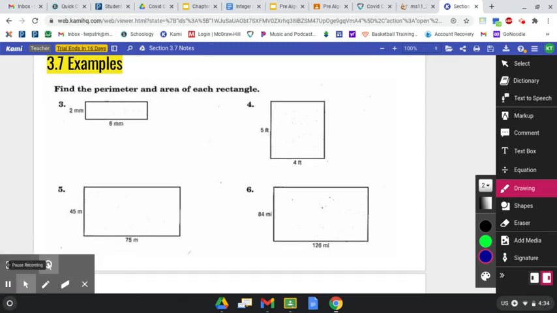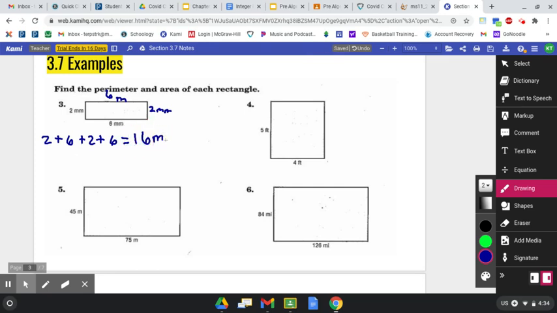All right, let's look at some examples here. So in example 3, it says find the perimeter, right? Remember rectangle. This would be a 2 millimeter section, and this would be 6 millimeter. So if we just add up the four sides, 2 plus 6 plus 2 plus 6, we would get 16 millimeters as our perimeter.